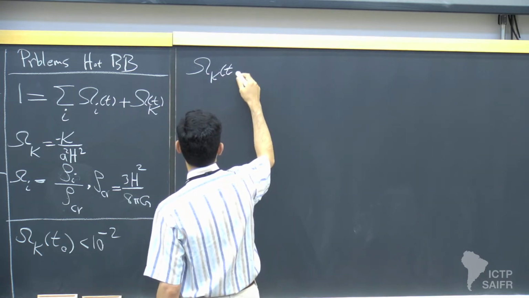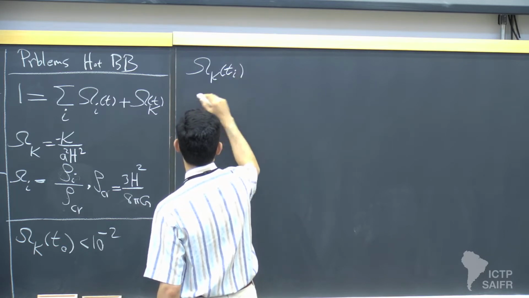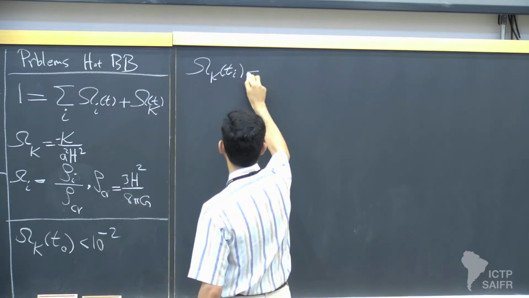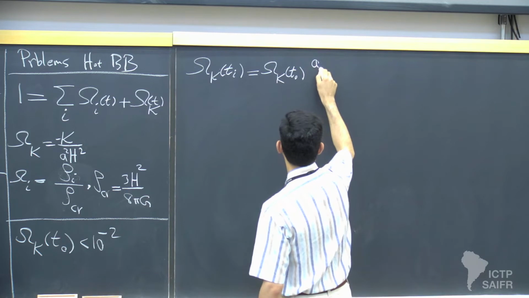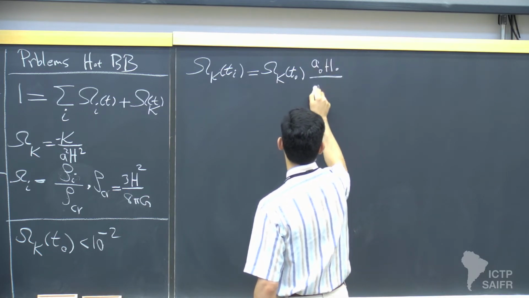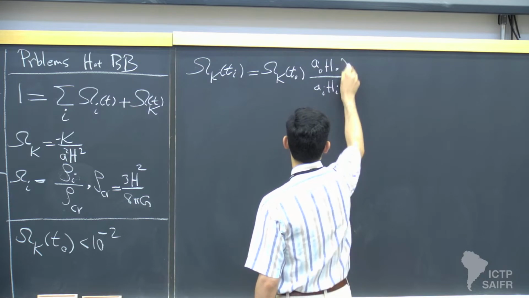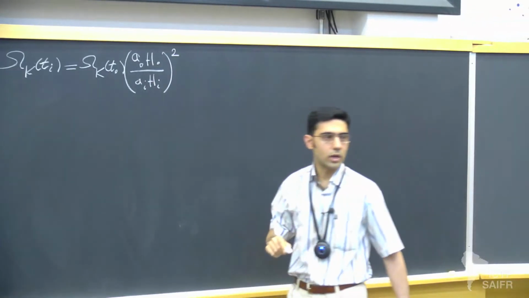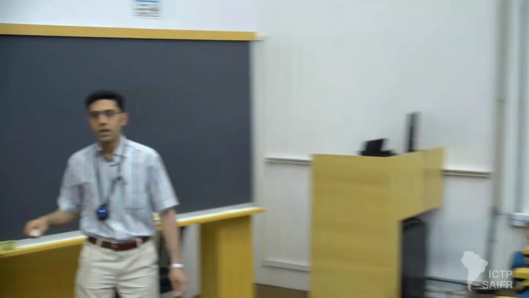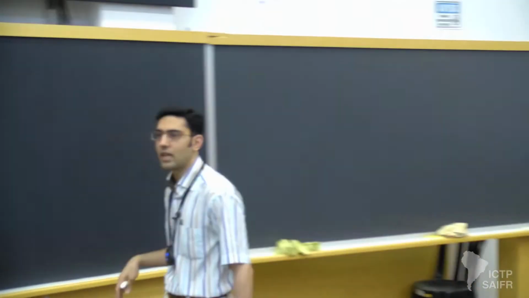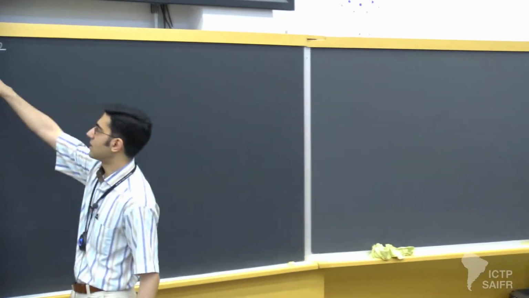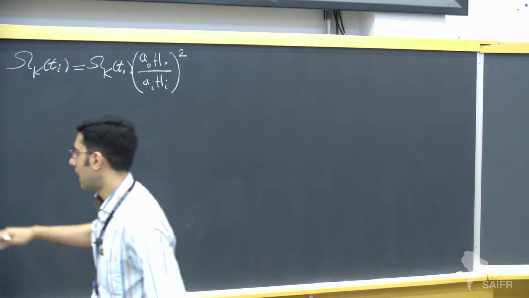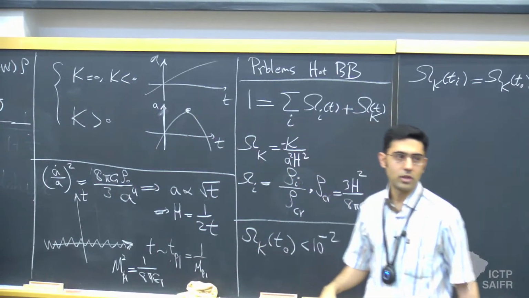So we compare these ratios. Omega_k at t_i is equal to Omega_k at t_0 times a_0 H_0 divided by a_i H_i, squared. Now let us also pretend that we are in a radiation-dominated universe, just to make things simple. So let's assume that a and H evolve with time as we derived for a radiation-dominated universe.